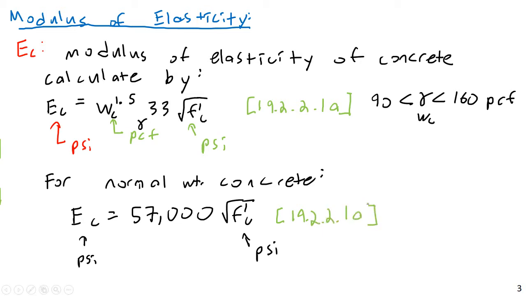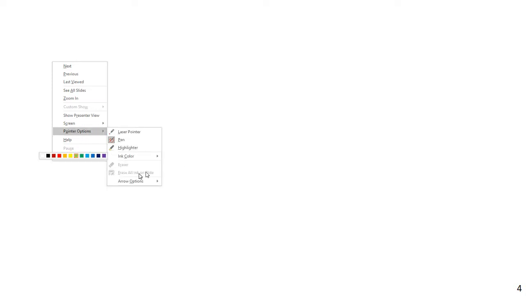Okay? So now notice, this seems a bit odd. The only modulus of elasticity that I'm concerned with is the modulus of elasticity of the concrete. I have not talked about the modulus of elasticity of the steel. And so we know, of course, that reinforced concrete is a combination of two things, the steel and the concrete.